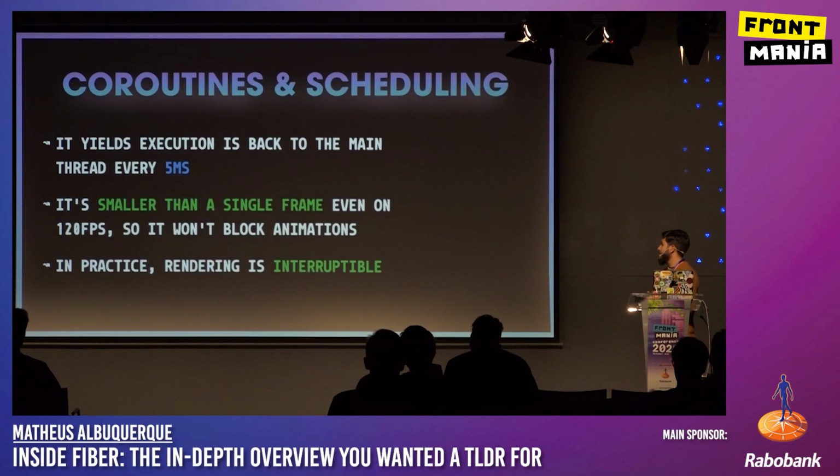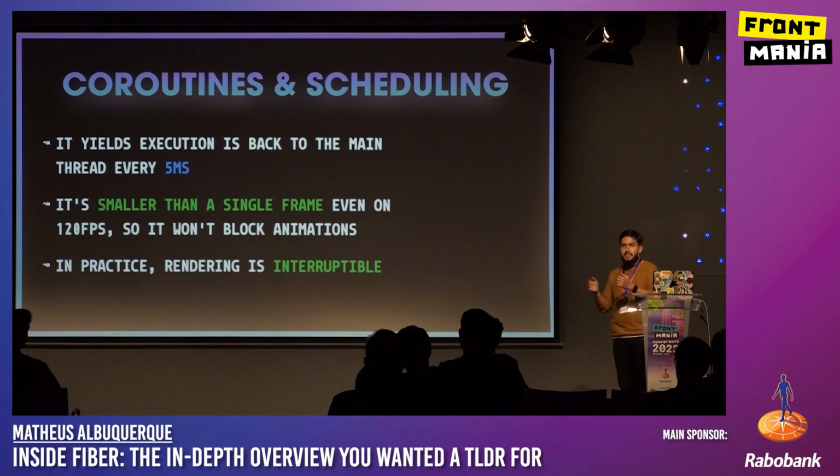And one of my favorite things is that it yields the execution back to the main thread every 5 milliseconds. And note that's not a magical number like the ones we have in CSS. It's mostly because it's smaller than a single frame, even when you have 120 FPS devices. So that's what makes the rendering interruptible in React in practice.